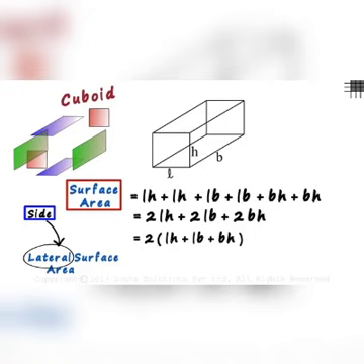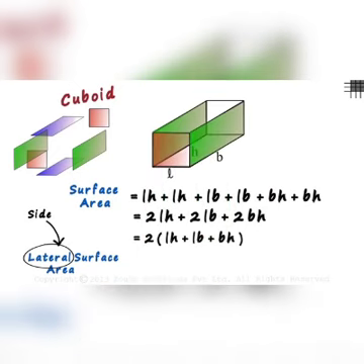This would actually mean the surface area of a cuboid with the sides. This one, this one, this one and the one at the back. Unlike the total surface area, we can see lateral as the area except the top and the bottom. The two green and the two red make up the lateral surface area.